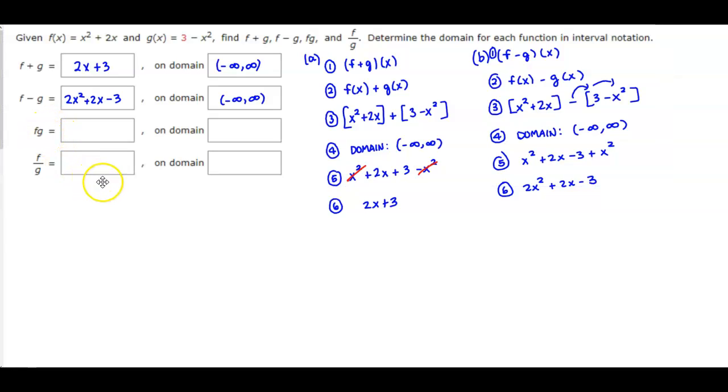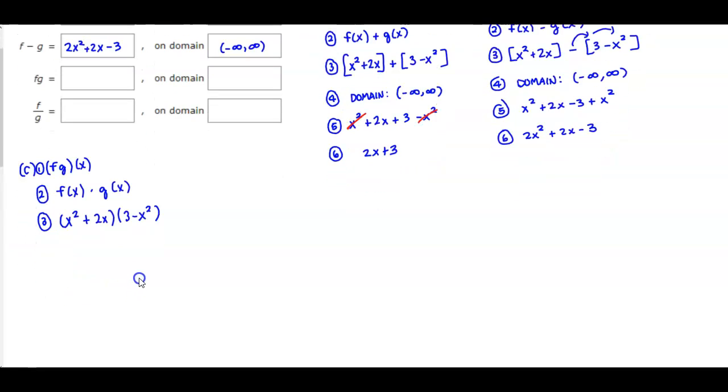Okay, let's take a look at f times g. So we'll call that part C. So we have f times g of x. And the definition states that we need to take the function f of x and multiply it by g of x. So f of x is x squared plus 2x times 3 minus x squared.